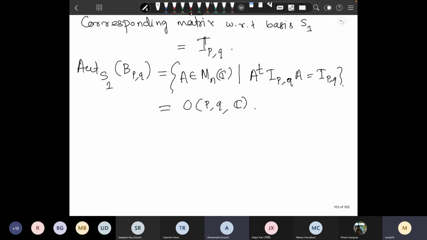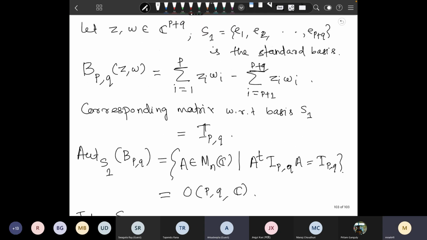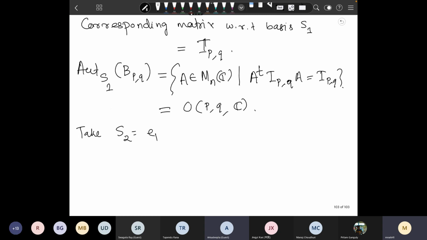Okay. So now I will take S2. I will take the first P elements of the standard basis as it is, so E1, E2, up to EP, and after P plus 1, I will multiply by i: i into EP plus 1, i into EP plus 2, i into EP plus 3.